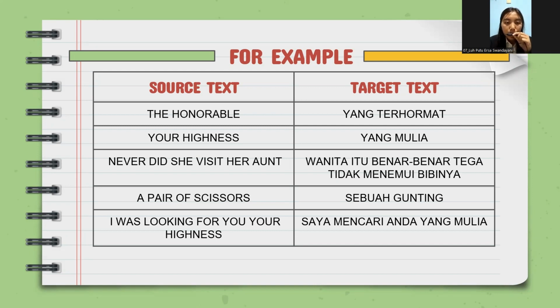And next, a pair of ski shorts in the source text, and in the target text is sebuah gunting, and the last one is I was looking for you, your highness, in the source text, and in the target text is saya mencari Anda yang mulia. Okay, next slide please.